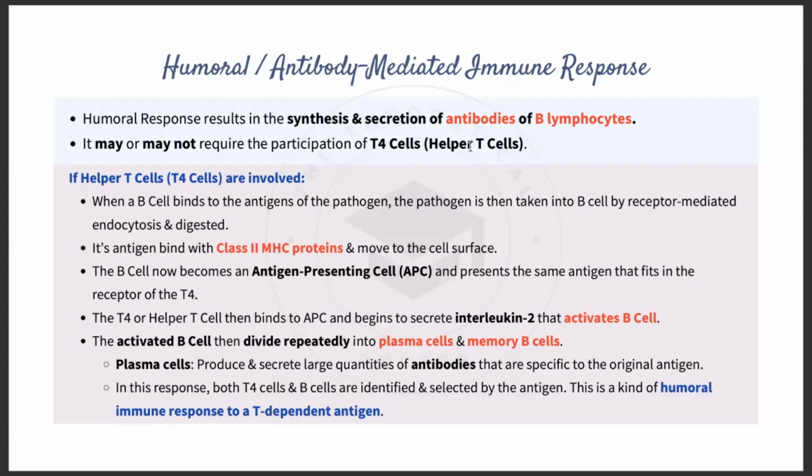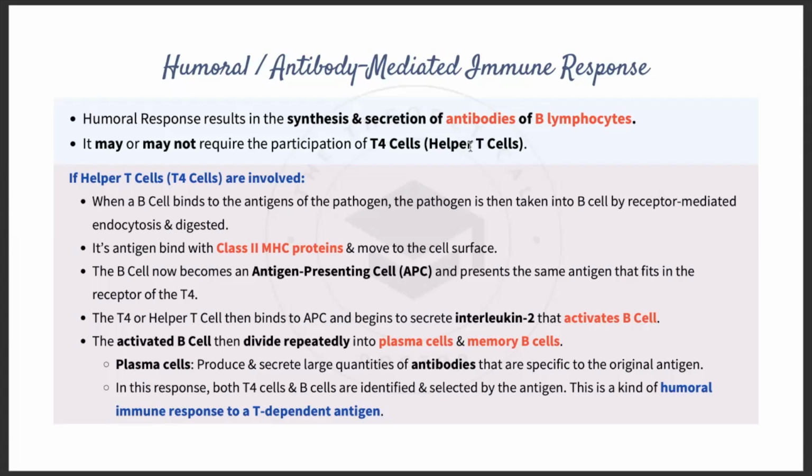So when a B cell binds to the antigens of the pathogen, it is then taken into the B cell by receptor-mediated endocytosis and digested. The antigen then binds with the class 2 MHC protein, MHC stands for major histocompatibility, and moves to the cell surface.